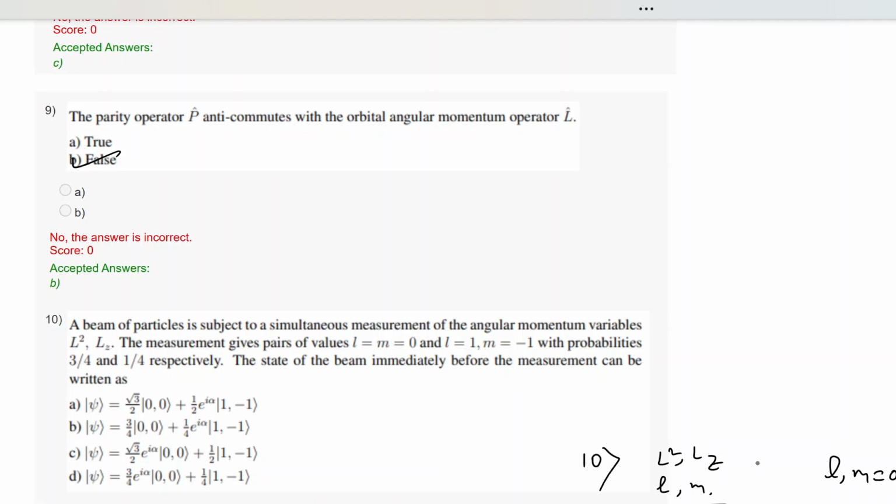So you know the amplitude is the square root of the probability. Our initial state can be: the probability is 3 by 4, which means the probability amplitude is root over 3 by 4, for the state 0 0.